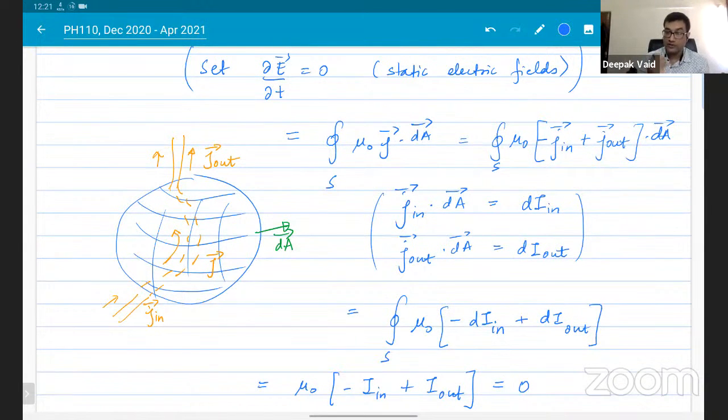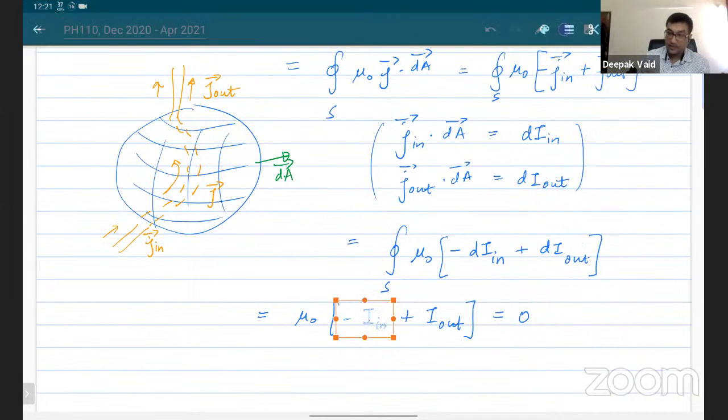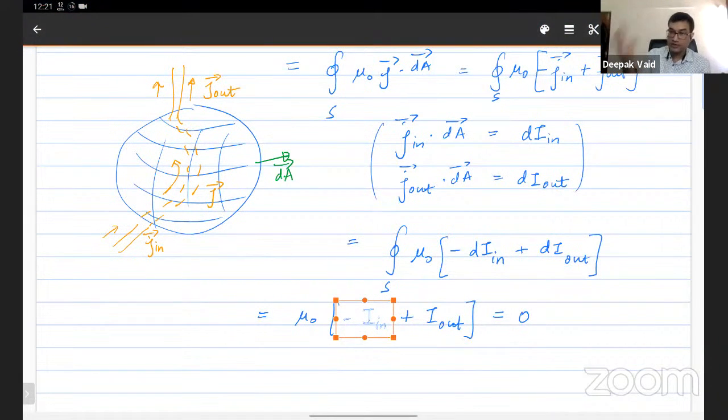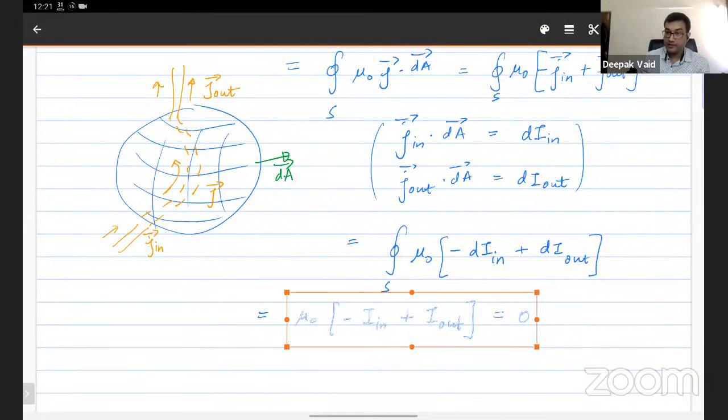If it's not closed, then there is a hole, and through that hole you can put in extra charges or remove charges. But if there are no holes, then whatever charge goes into some closed region has to be equal to whatever charge comes out of that closed region. So you get zero here.